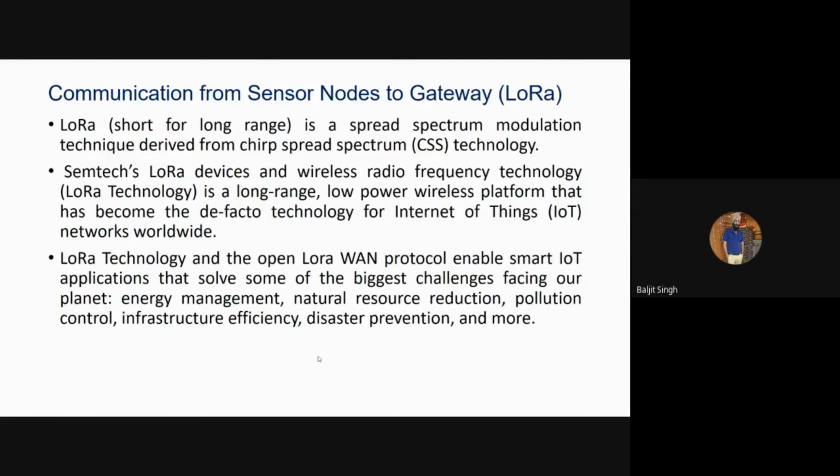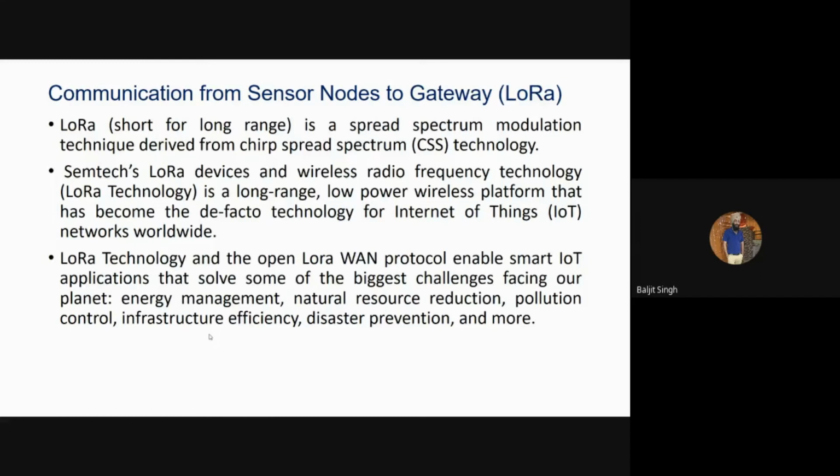So after all these sensors are attached to some kind of microcontroller and other signal processing circuit, and the data is collected from the various sensors at various different points, all these sensors and their microcontrollers are named as sensor nodes or edge devices.